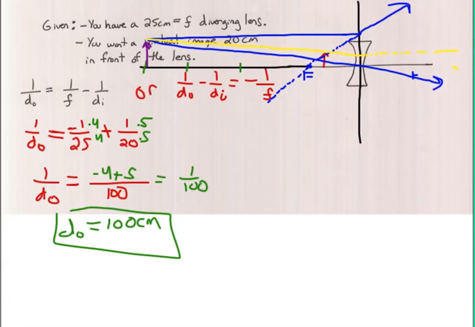Notice, just like we did with the converging lens when it's opposite, so this one was parallel and diverged, and it goes back through that focal point. This one's going to be trying to hit the other focal point, so this part's going to be parallel. So it's the opposite of what happened on that first ray.